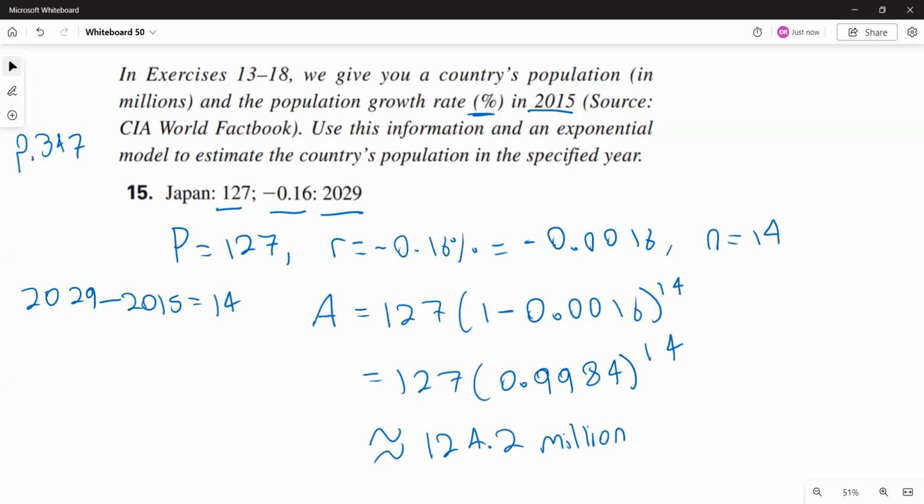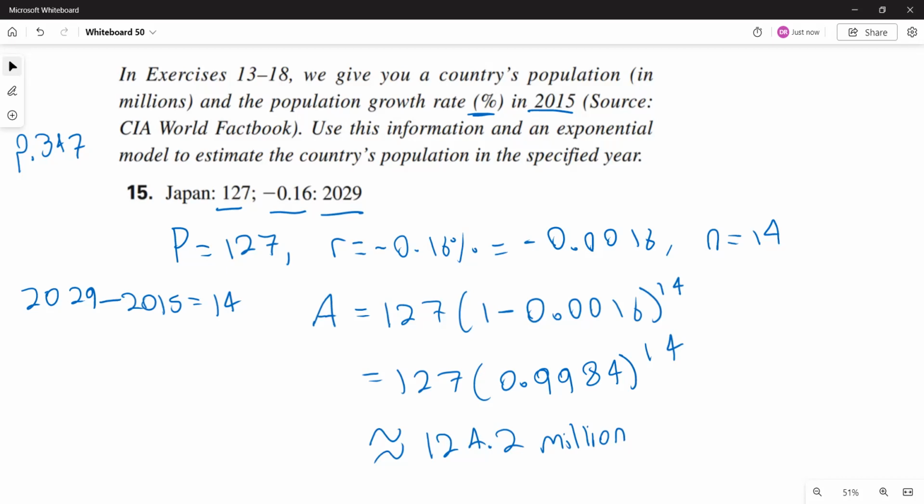Okay, so far in the examples I have been doing, we need to find the final quantity, the final amount A. So what happens if we need to find something else? If we need to find the initial population, or if we need to find the rate, what should we do? We'll see.